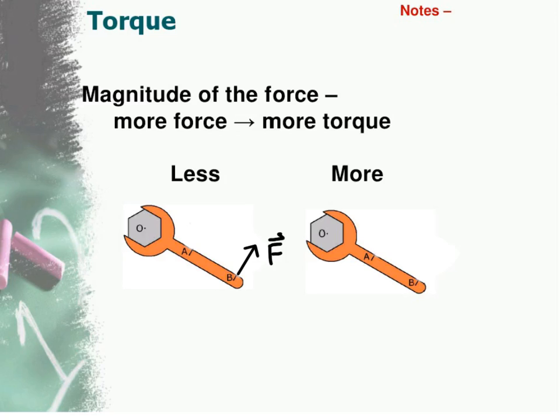So if I push on the end of this wrench with a force F, and I compare that to twice that amount of force at the same location and in the same direction, it's pretty obvious that this torque is going to be greater, or it's going to cause a greater change in the rotational motion of this wrench than if I had used a smaller force. So more force means more torque.